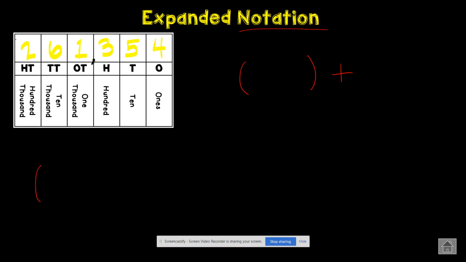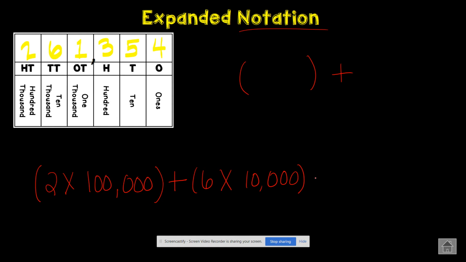I have 2 groups of 100,000. To that, I'm going to add 6 groups of 10,000. We continue on with 1 group of 1,000.